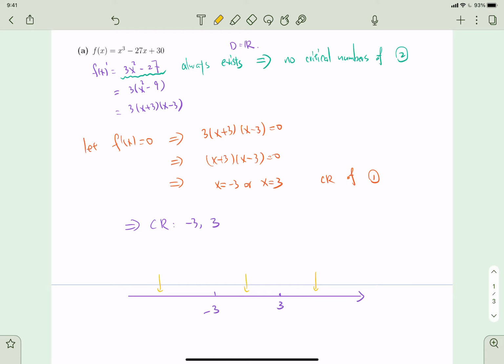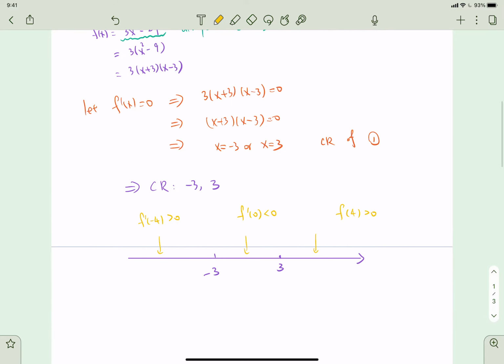So for example, plug in negative 4, right? f prime of negative 4 is greater than 0. Plug in 0, f prime 0 is less than 0. Plug in, for example, 4 here, it is greater than 0, right? So now we have positive here, negative here and positive here.